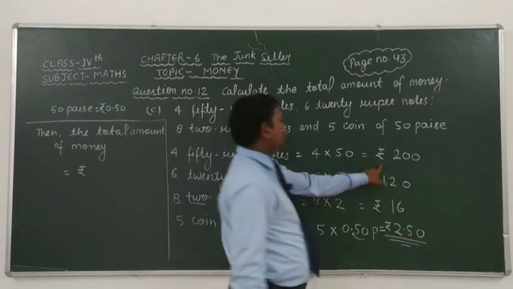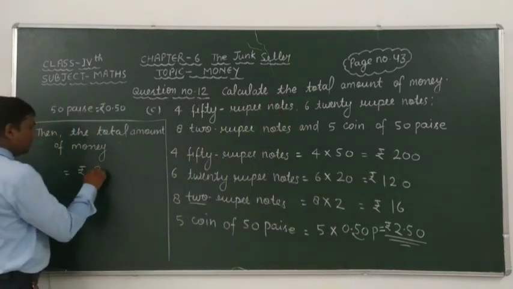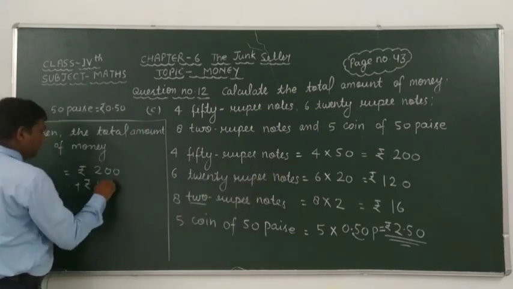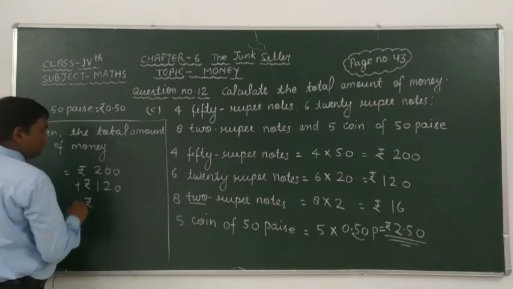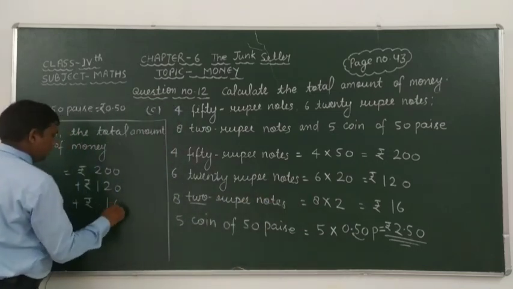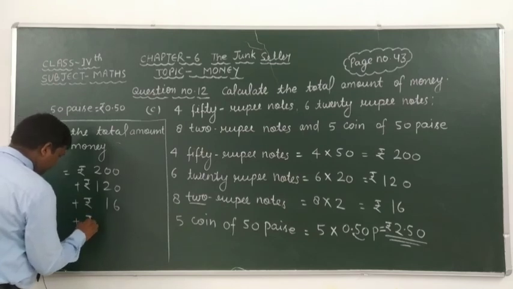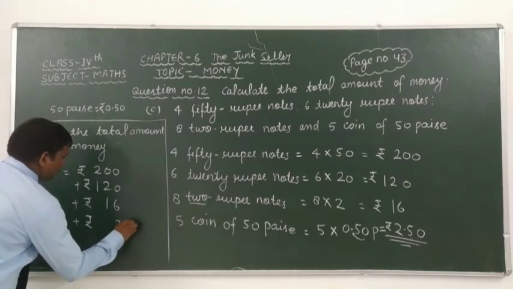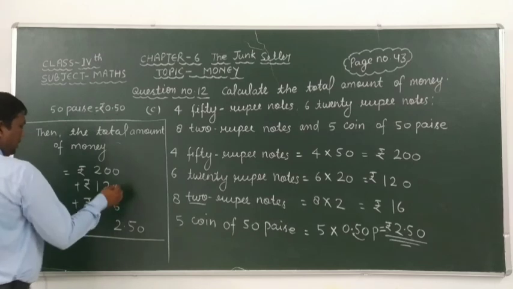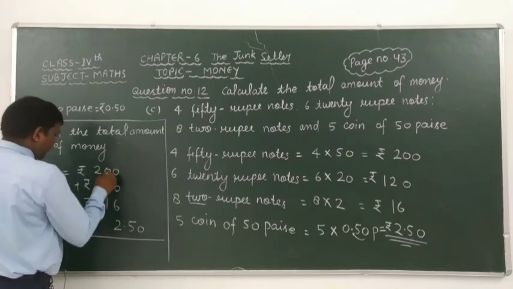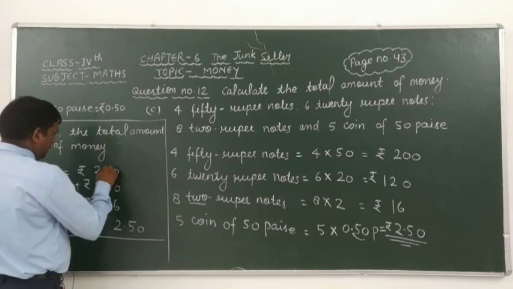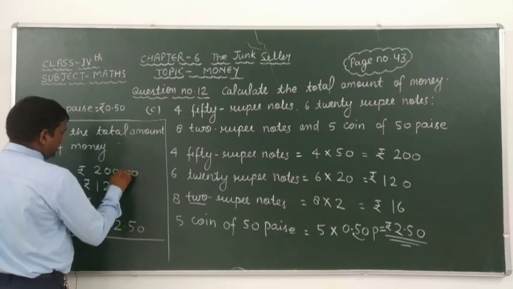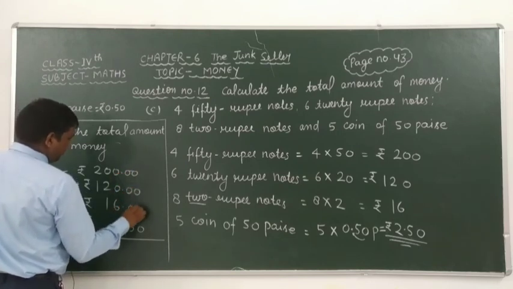We have to add rupees 200 plus rupees 120 plus rupees 16 plus rupees 2.50. It means that students, here we can place the decimal point here, here and here, and we get 0 0.